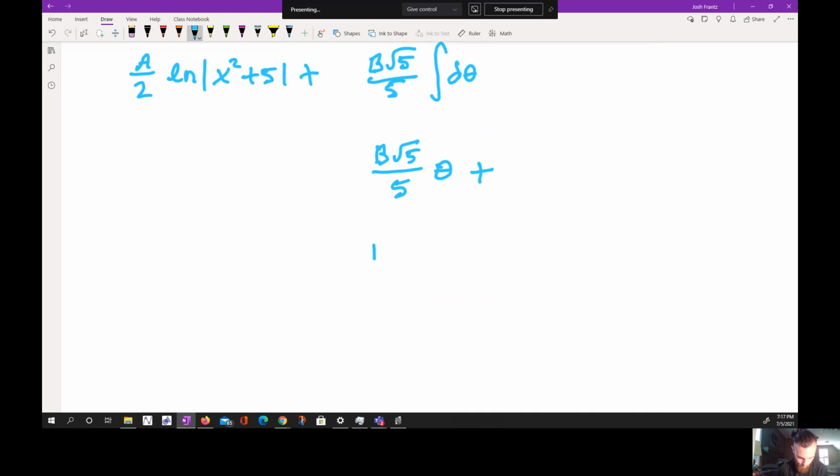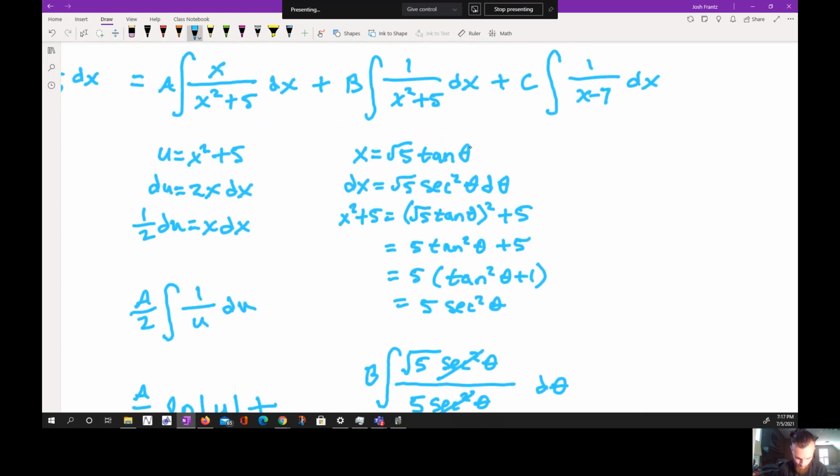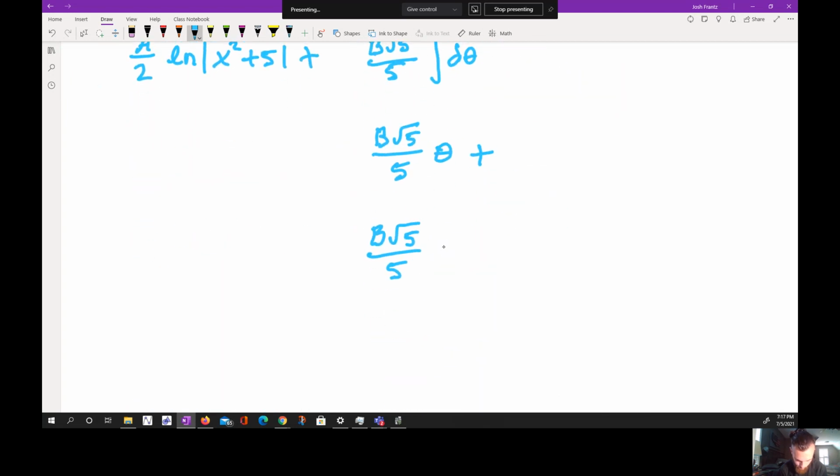Now we back sub, so we have b square root of 5 over 5. And theta we can solve up here. Okay, so that would equal theta equals tangent inverse x over root 5.